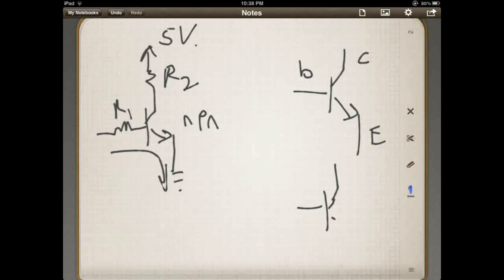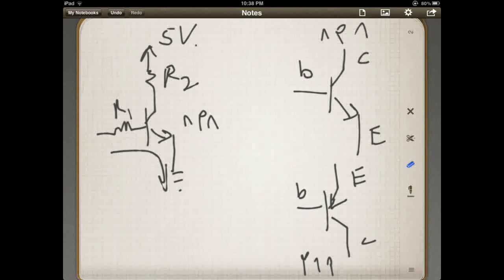Let me draw this. The arrow is up top because it's basically the inverse, the opposite. So it's emitter, collector, but the base is still over here. This is PNP, this is NPN.